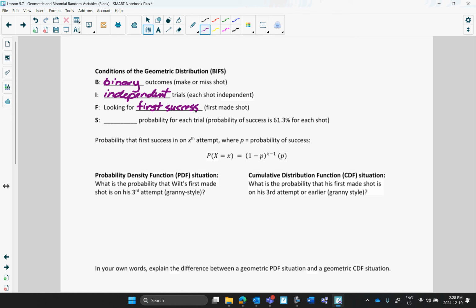And every time there's a trial, the probability is always the same. Like in that previous example, the probability of missing was always 0.387. The probability of making was always 0.613.